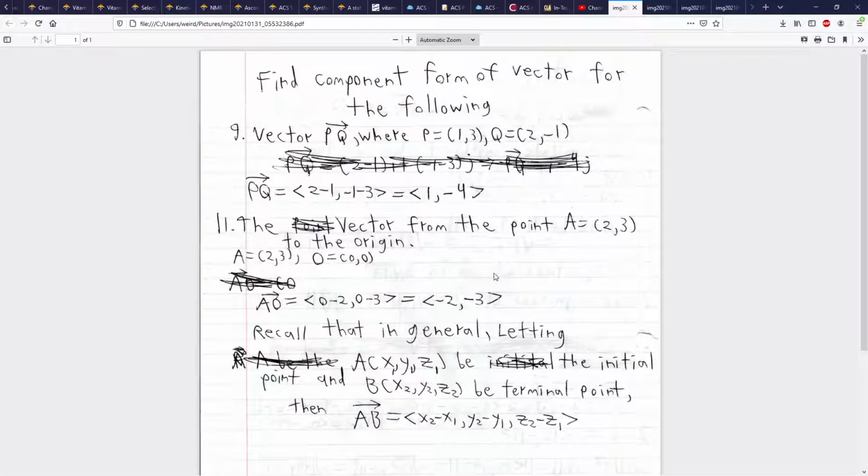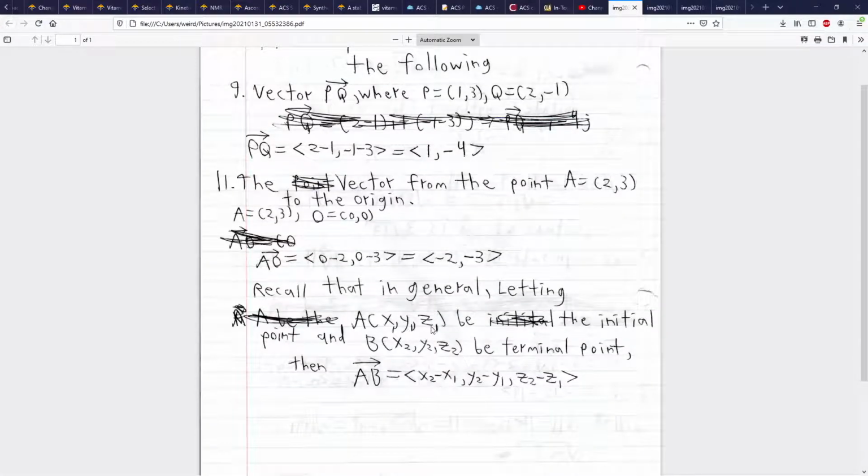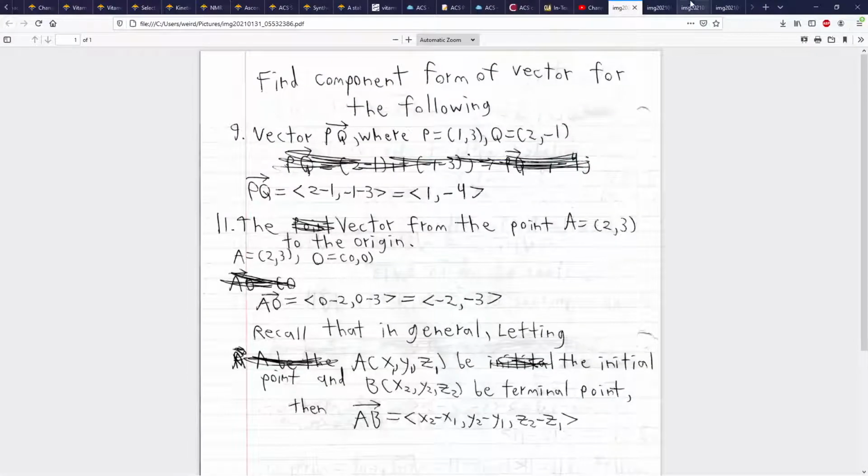In general, if you let the vector AB have terminal and initial points, you'll have x2 minus x1, y2 minus y1, and z2 minus z1.